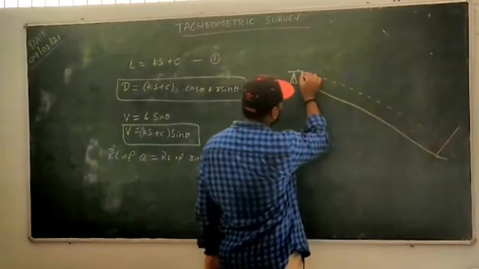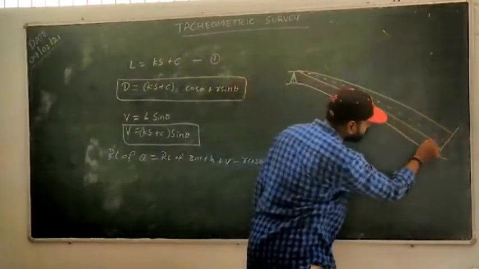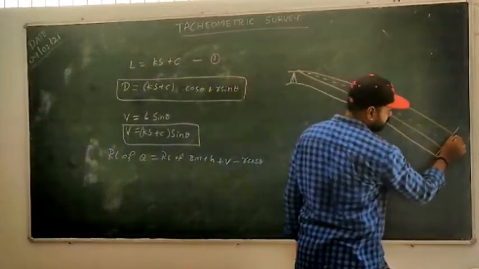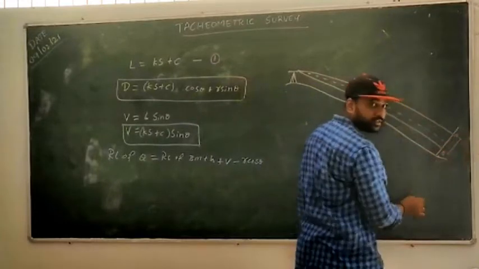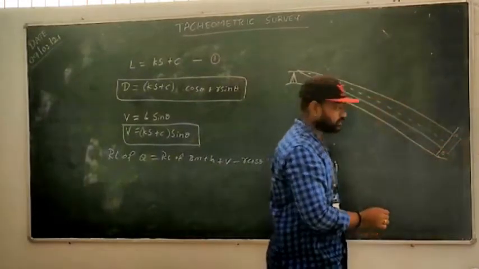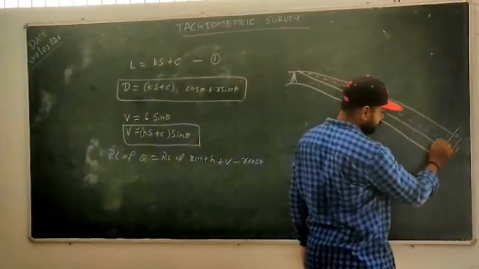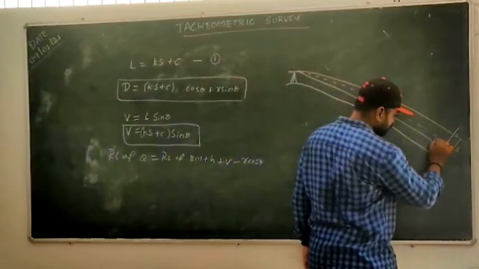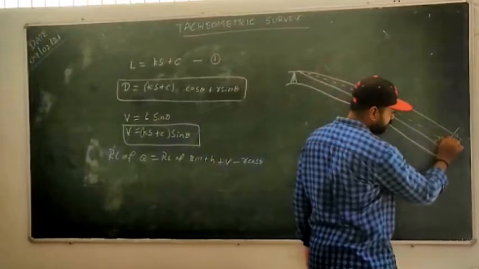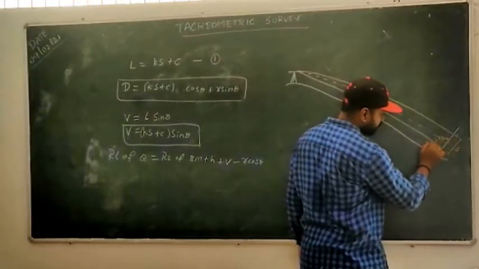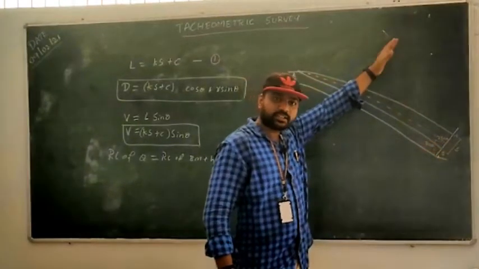The ground profile comes somewhat like this, and say this is your instrument point, and here you kept your leveling staff, normal to the slope. So normal to the slope means the leveling staff will come like this, right? This will be the line of sight, this line is for top wire, and this line is for bottom wire. This is A and B, and this is the staff intercept. Now, to get the verticalness, from here to here this is r sin theta, and from here to here r cos theta, as we did in the previous one when the angle is in elevation.